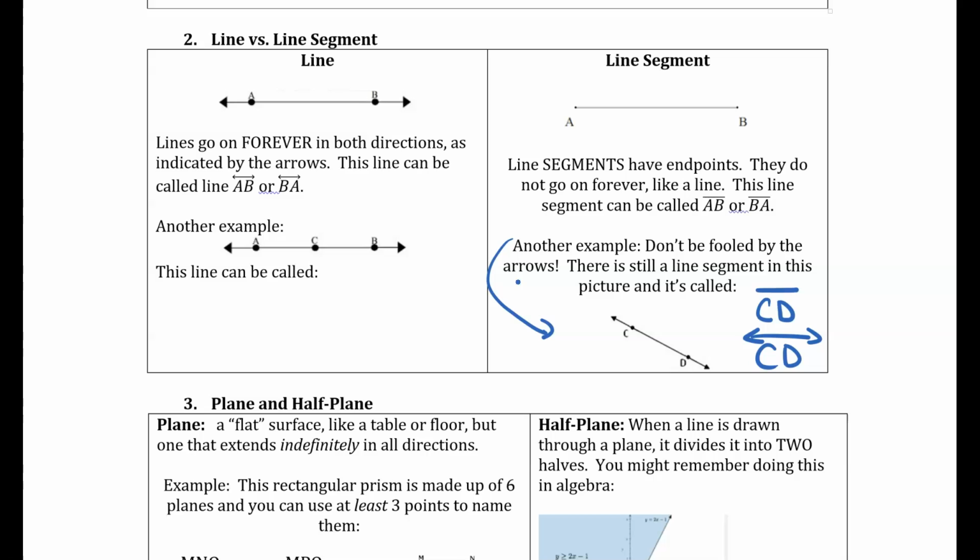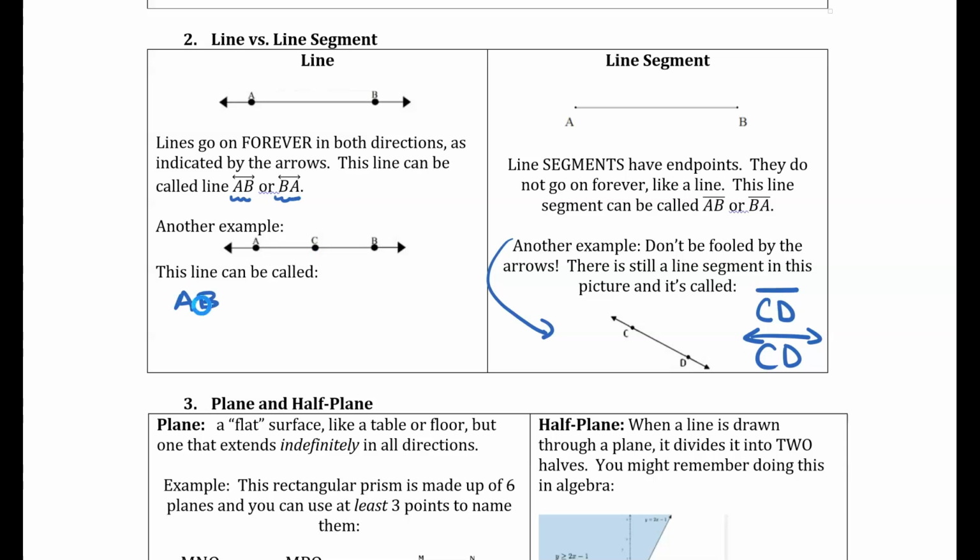So just to back up though, in terms of the symbols that you use, if you want to write a line like this line above, we can call it line AB or BA, and notice we put a line with arrows on the top there. And it doesn't matter whether you write it AB or BA, it refers to the same thing. Sometimes it can be a little bit more complicated where maybe you have more than 2 points. And so if you wanted to name this line, you could use any of those points.